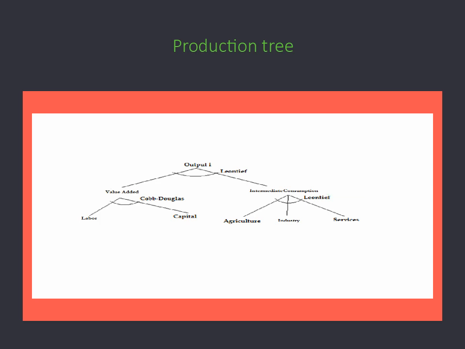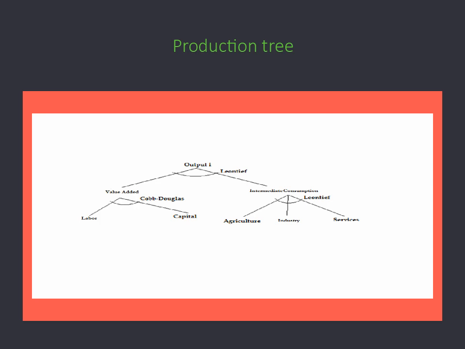Value added is obtained from the combination of, here, labor and capital, while total intermediate consumption is the addition of intermediate consumption of each good by the good here represented, good I. So we have the intermediate consumption of agricultural good for the production of good I, of the industrial good by good I, and of services by good I.